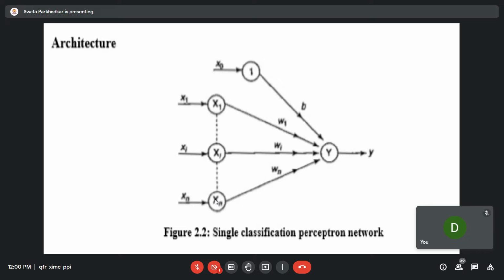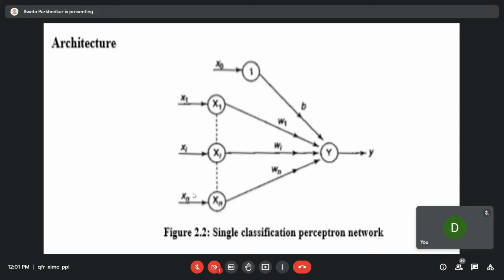Now, this is the architecture for a single classification problem, perceptron network. ये सेम थिंग है, यहाँ पे x0 is multiplied with the bias b, x1 is multiplied with w1, x2 is multiplied with w2 and xn is multiplied with wn. So this is x1, ये xi है शायद, and then there is xn.